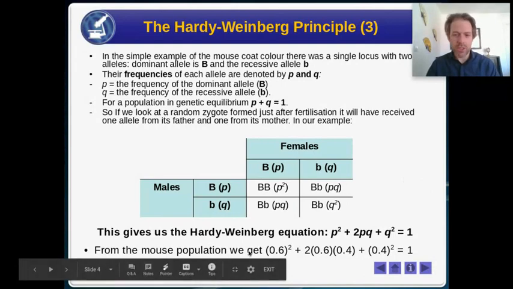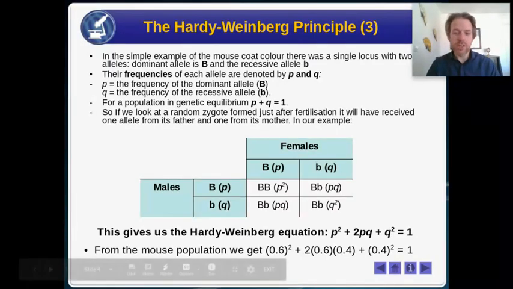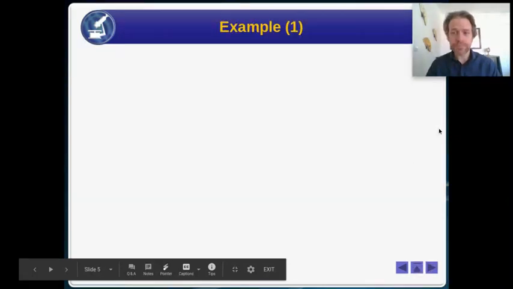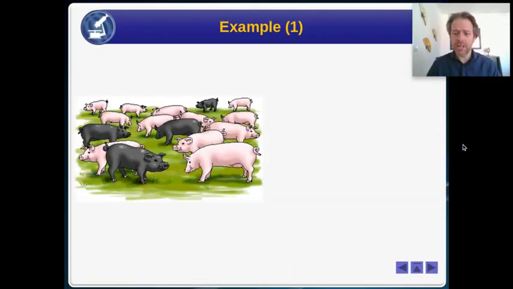So with our mouse population, you could use the numbers we calculated: 0.6 for our value of P and 0.4 for our value of Q. We just have to square them, 0.6 squared and 0.4 squared, and then our two PQ in the middle. What we would find is that they always add up to 1, or they should if you've done it correctly. So let's run through a couple of examples.